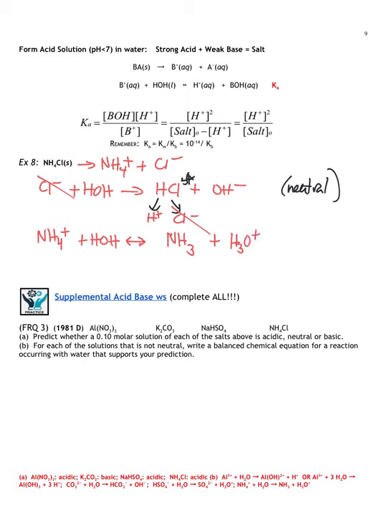Since the water is in this reaction, I'm going to maintain it by saying hydronium ion. So this hydronium ion is what causes the pH to be less than 7. This is what makes this acidic, and the pH is going to be less than 7.